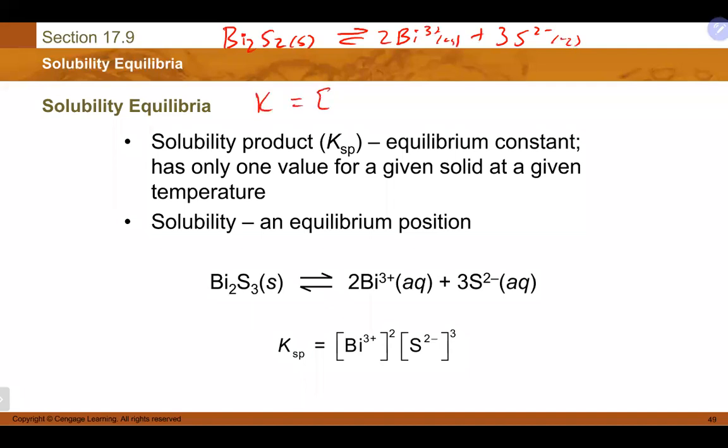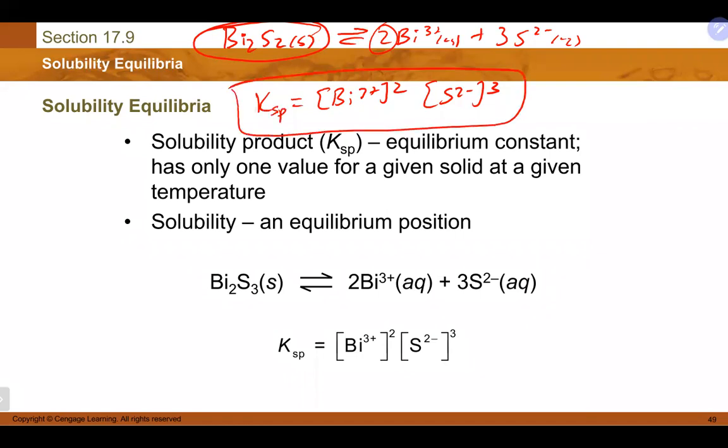We would take our products, the Bi3 plus, and square it because of the coefficient, times the S2 minus, and cube it because of the coefficient. Once again, we would not include our reactant because it's a solid. This is what is known as a KSP expression. Most KSP expressions are just the products because all reactants are solids in these reactions, which never get included in the expression.